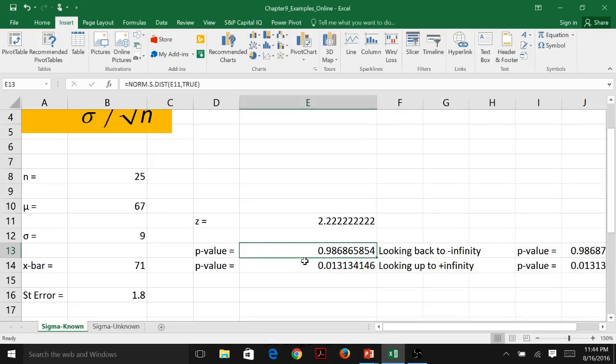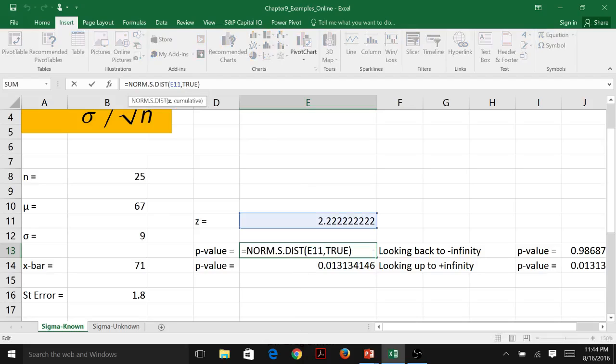So looking from left to right on the normal curve, I would think that I'm in the upper tail, looking down towards negative infinity. So I will use something called norm.s.dist. That's the normal distribution that's been standardized. And anytime you see the letters DIST, it implies that you're using a probability.